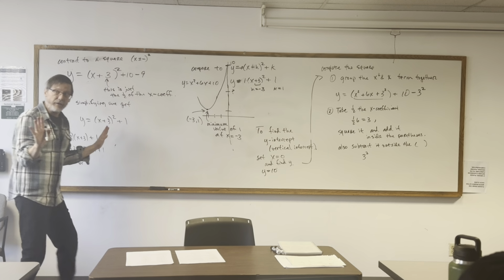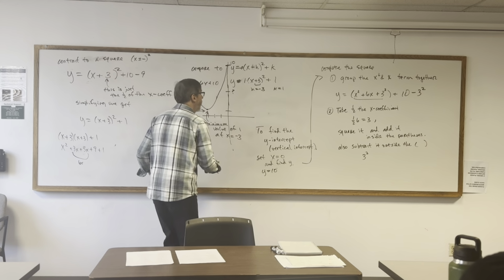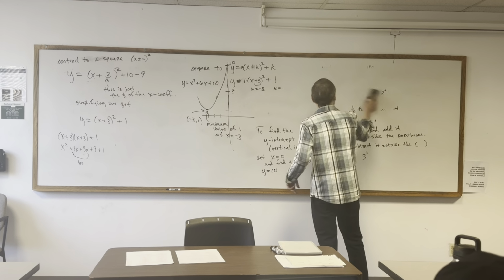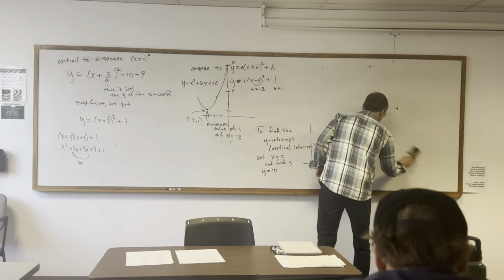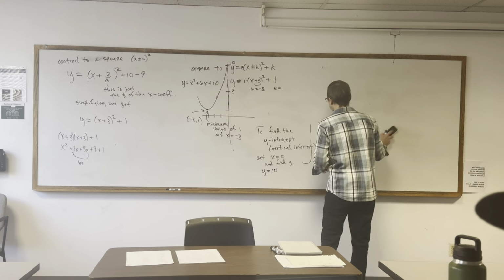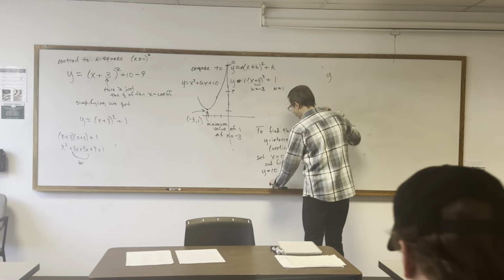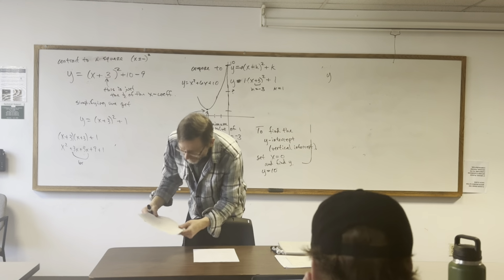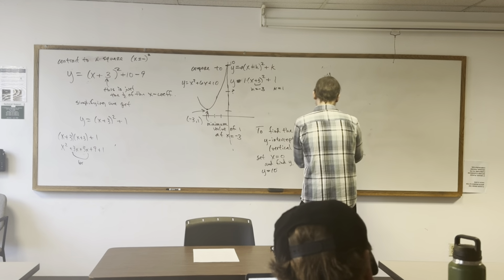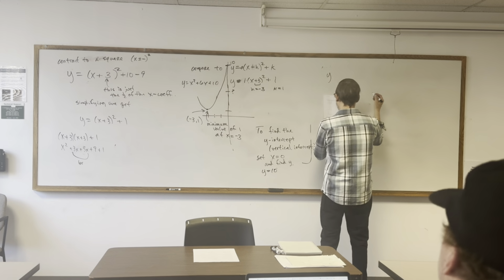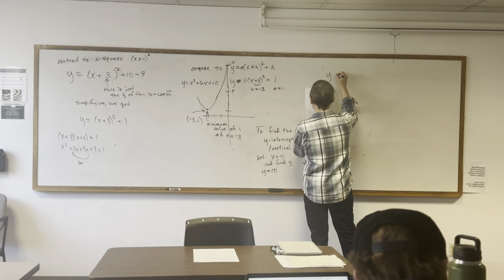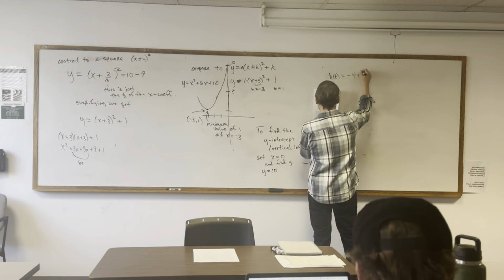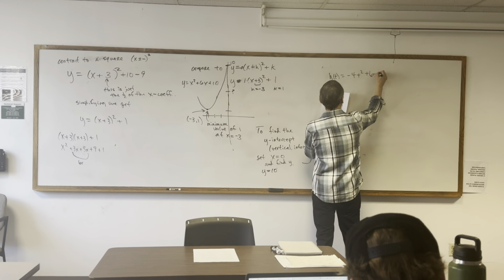All right, let's try a slightly more interesting one. A little bit of a trick here. How about I just grab one out of our section here? There's a nice one. Here we've got h of t equals negative 4t squared plus 6t minus 1.